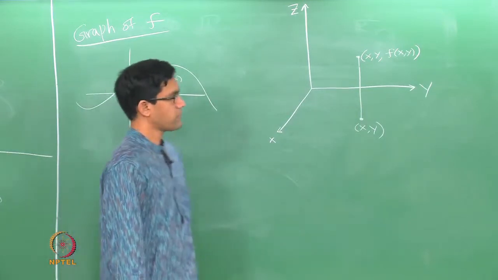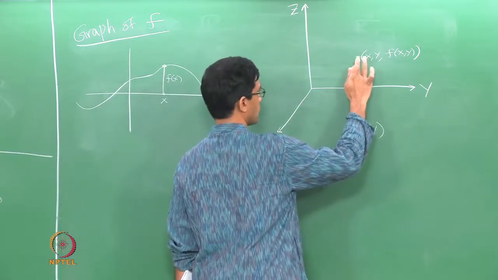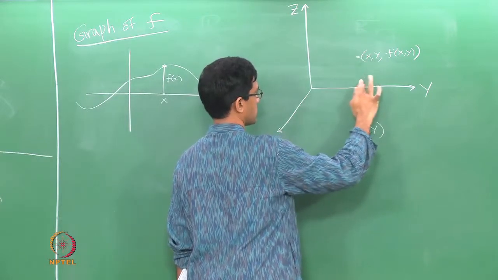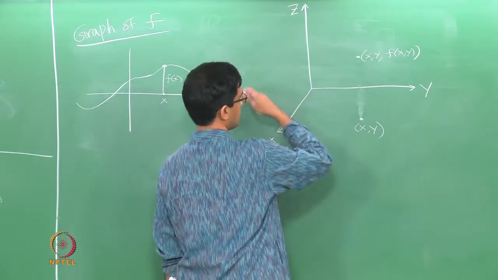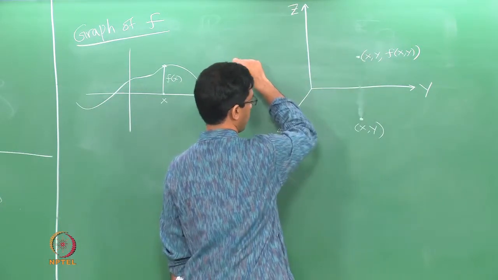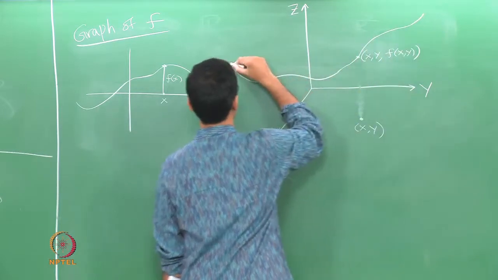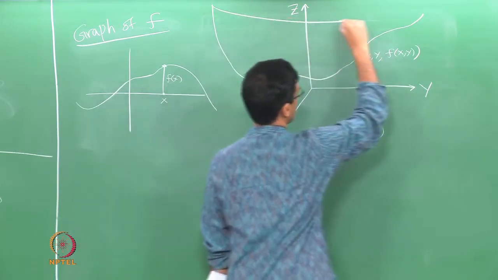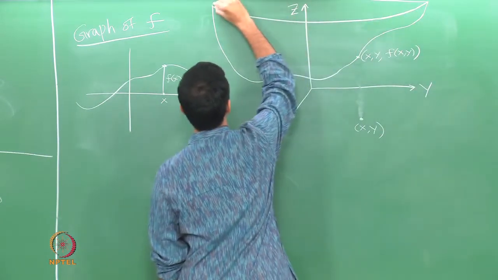Okay, and you do this for every single point x y on the plane, and doing that will give you several such points, and what you do is really join all of them up, and what you will typically get is some sort of surface, a two dimensional surface.